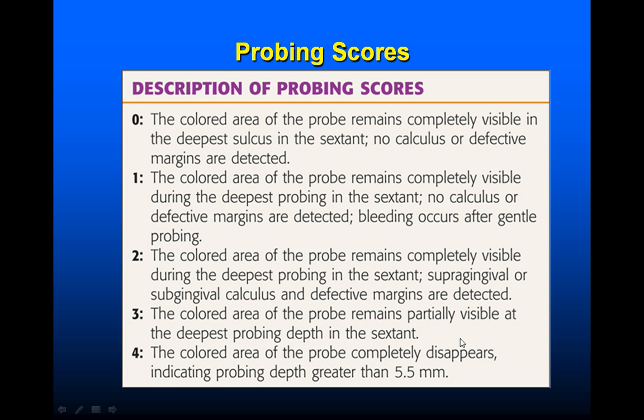So that's a different way to record probing scores. It's not quite as detailed as recording individual pocket depths, recording these 6 individual depths, but it does add more information in regards to calculus and bleeding.